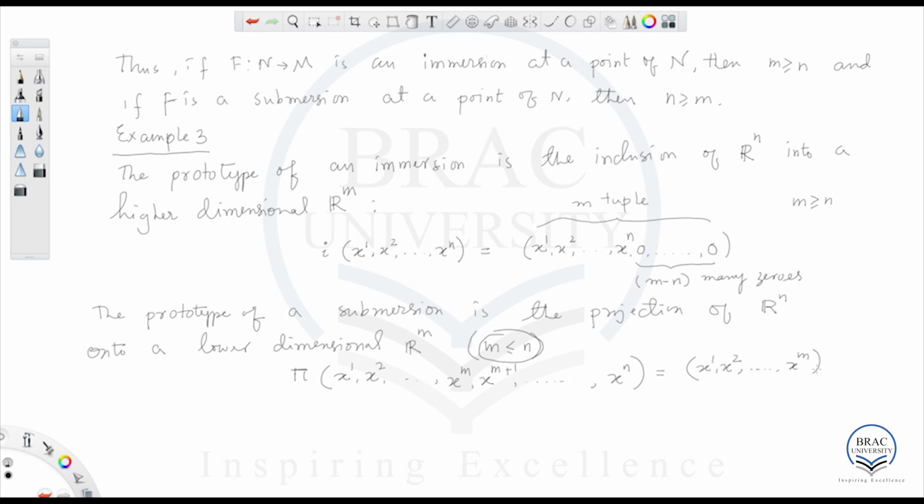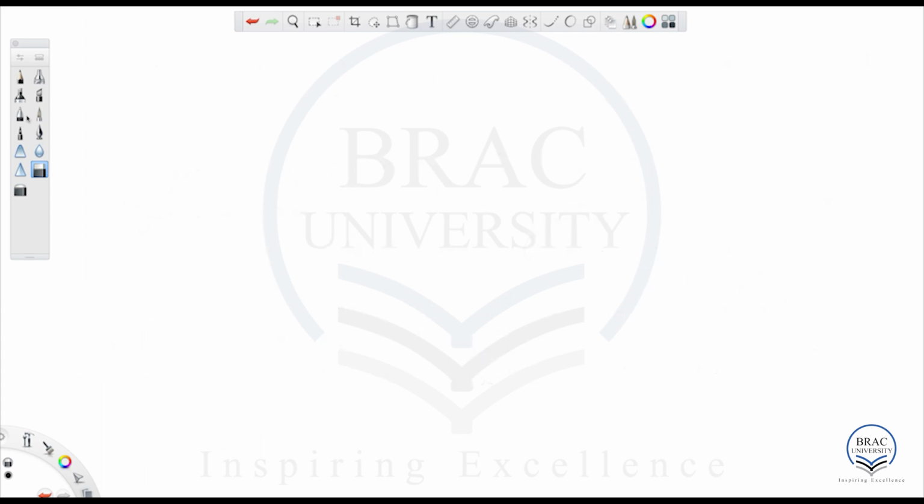Okay, now another example. Let me erase everything. Example 4. Let U be an open subset of a manifold M, and hence U is a manifold of the same dimension.